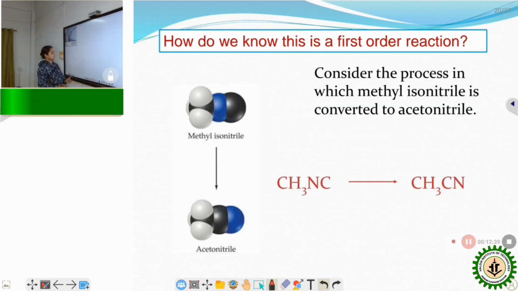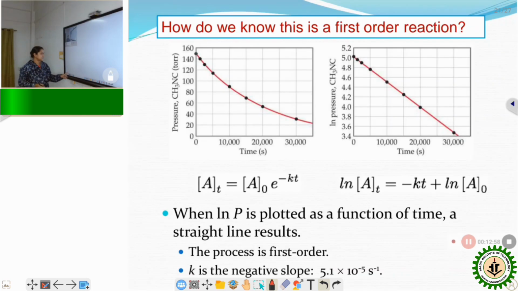So for any unknown reaction, how can we know whether the reaction will follow the first order or the second order, which path it follows? Say here methyl isonitrile is converting to methyl cyanide, but we don't know what path it will follow. So the very simple way is to go to the experimental process. Through experiment, first we have to collect data, different concentrations of methyl isonitrile at different time intervals.